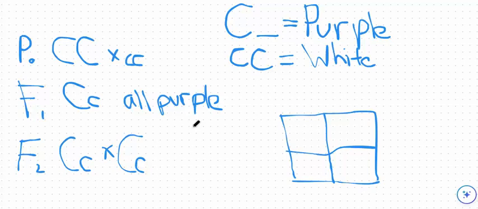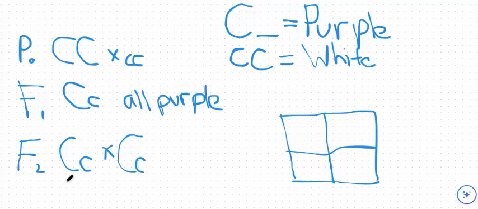Mendel took this to the next level, and he then crossed the individuals from his F1 generation who are heterozygous for the trait. That term means that they have two different alleles, or two different versions of this gene.